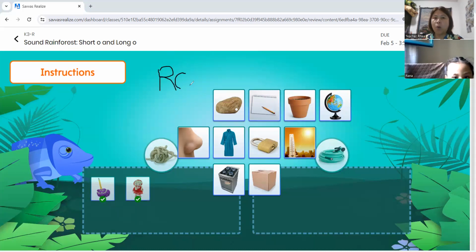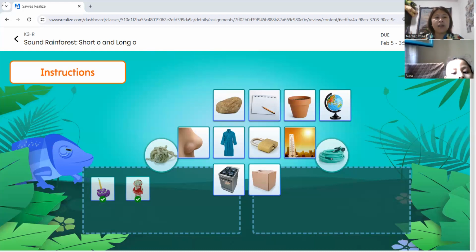O. Rock. C. Rock. K. So this is how we spell rock. R-O-C-K. Very good, Rana.